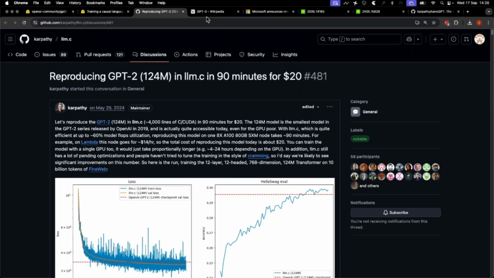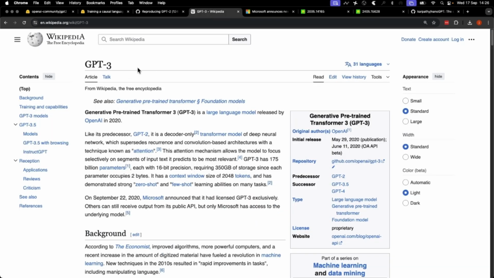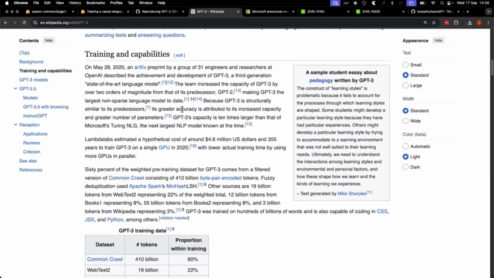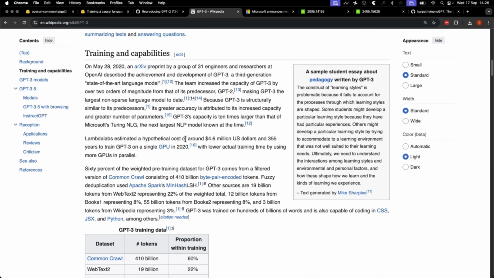Okay, and then let's look at GPT-3's Wikipedia page and see the estimated cost. According to Wikipedia, it will cost around 4.6 million US dollars, which is huge. Obviously, you can break it down into computing infrastructure, data storage, energy cost, and research and development.